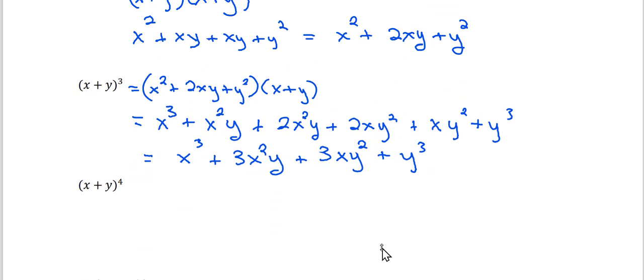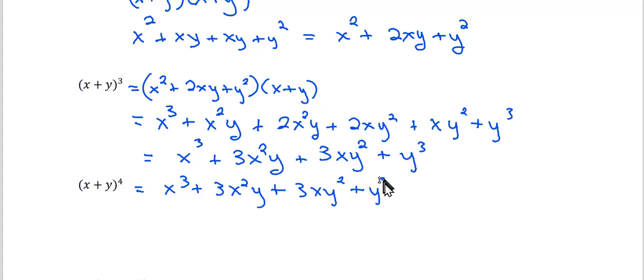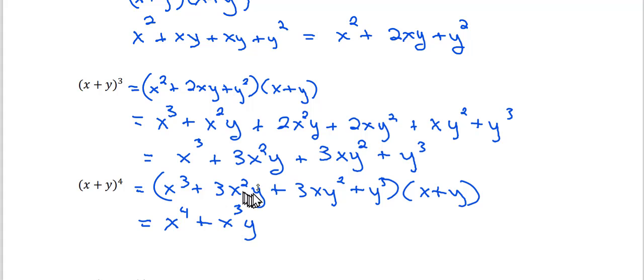Okay, we're going to do one more. We're going to take that result that we just got and multiply it by x plus y. Distribute. x cubed goes to both of these: x to the 4th plus x cubed y. 3x squared y goes to both of them: 3x cubed y plus 3x squared y squared.